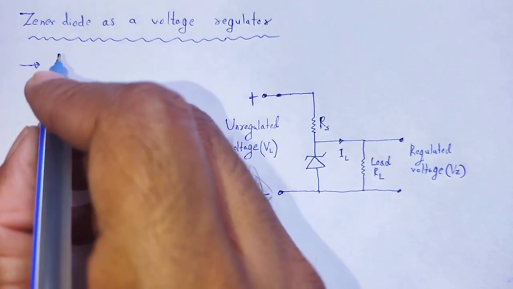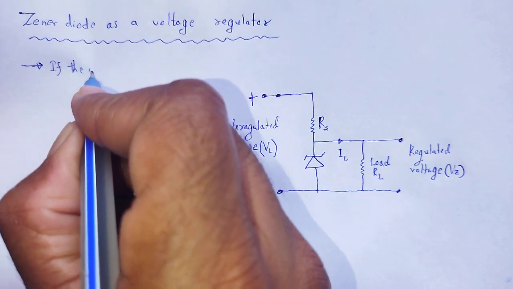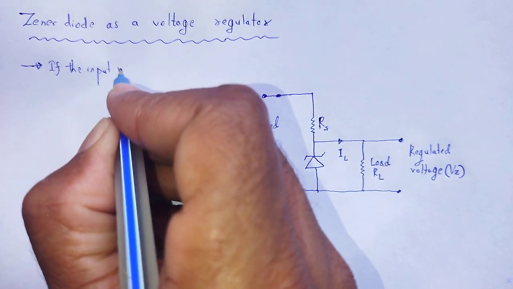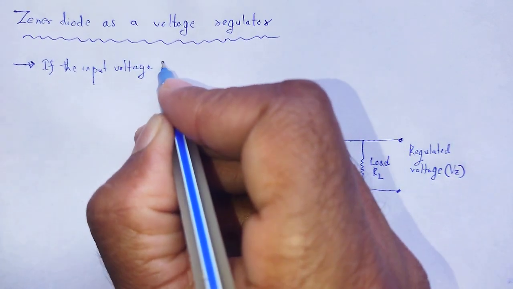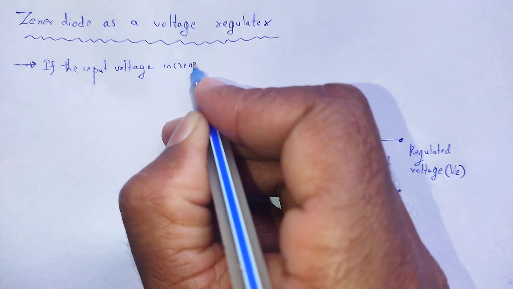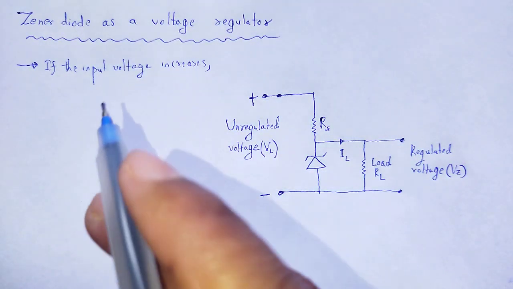First one, if the input voltage increases, then what happens?